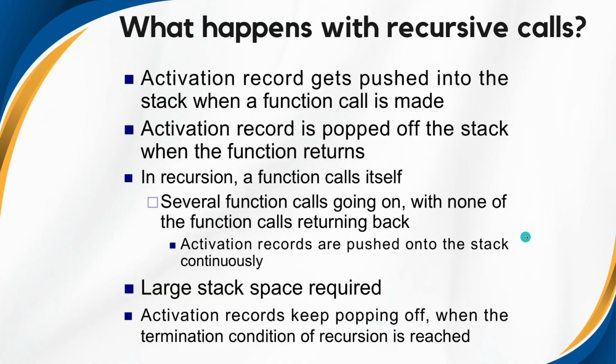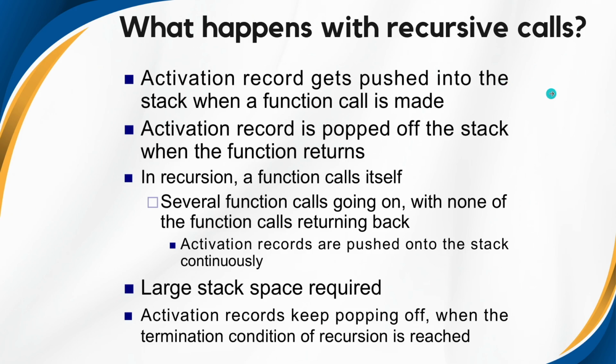So, this actually explains what happens during recursive calls. I was telling you before how activation records work with respect to function calls during a normal function execution, and in terms of recursive calls, it means we make a call to the function again and again.